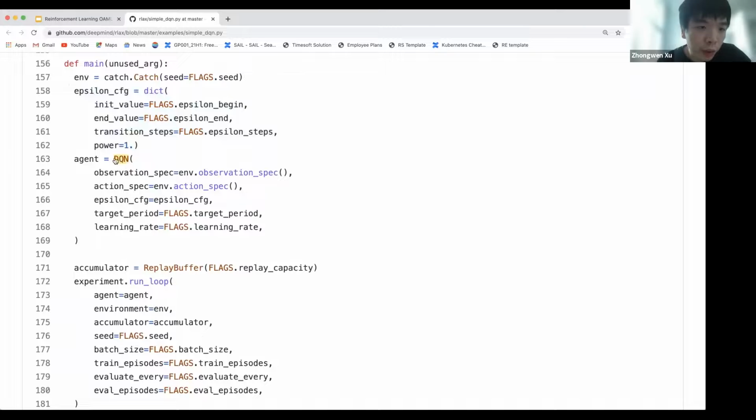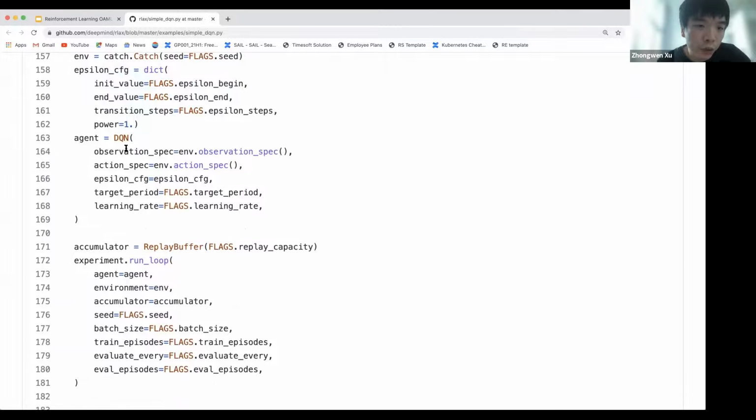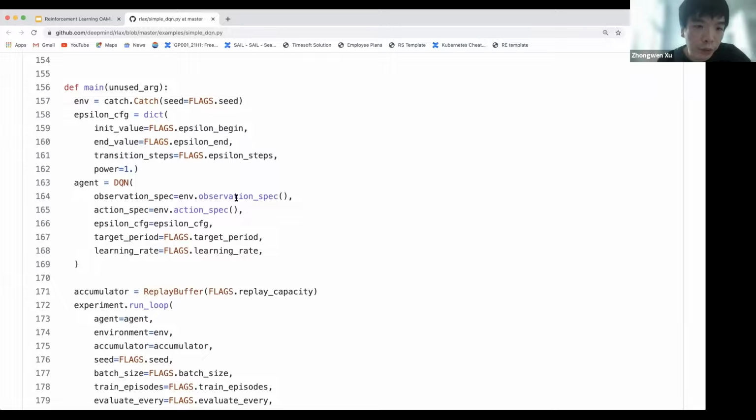And then it uses the DQN class to instantiate an agent, which takes the observation specification from the environment. So it tells you what's the shape of the input and what's the shape of the state.